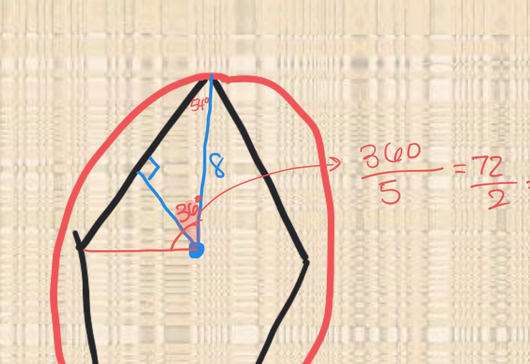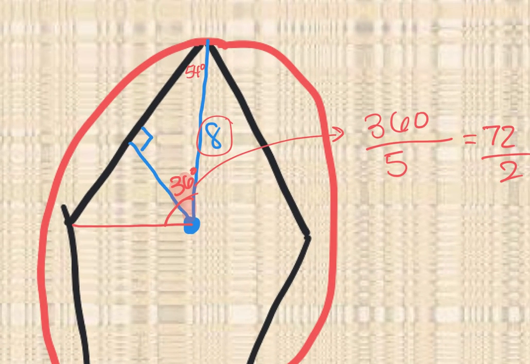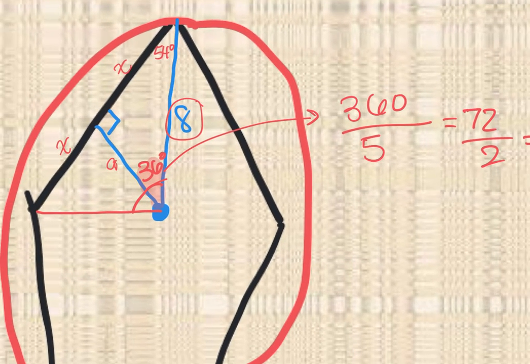And we have a right triangle where we know one of the lengths. So we can figure out any of the other lengths using sine, cosine, or tangent, okay? So what we want is both this apothem, we'll label it A, and this side x. And x with another x will give us the length of a side of the pentagon, okay? So let's find the apothem first.